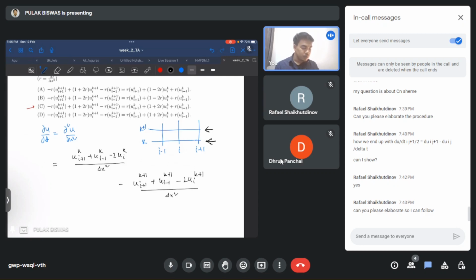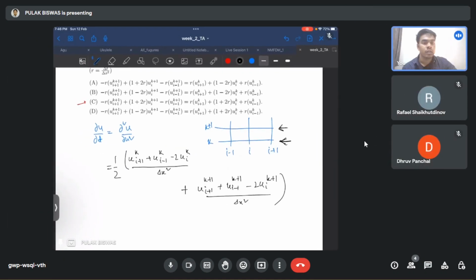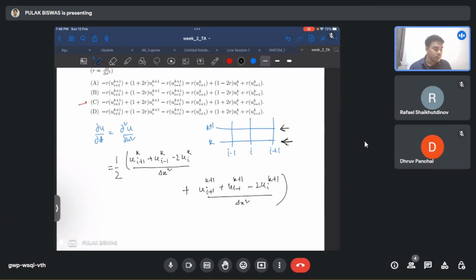So now what you are doing, let me take the average of these two to represent the same thing, del 2 u by del x 2.